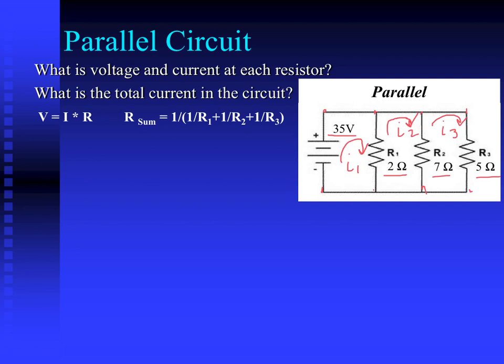But what is the current through each resistor? Well, we've got to use, again, Ohm's law. Voltage equals current times resistance. So we then solve for current, so we're going to use current equals the voltage divided by the resistance. So now we know that in each circuit we have everything we need to know.